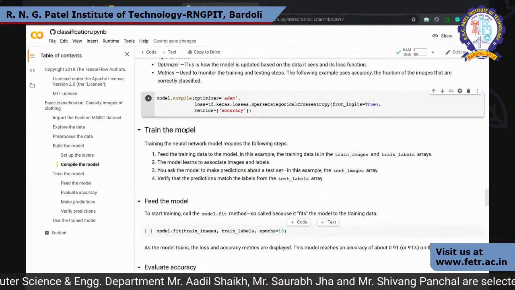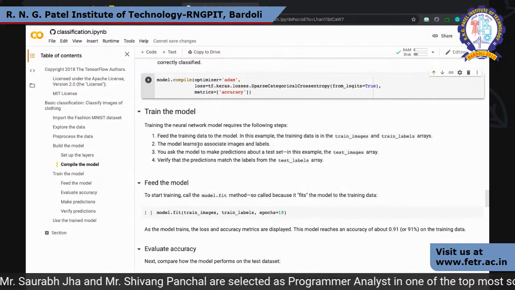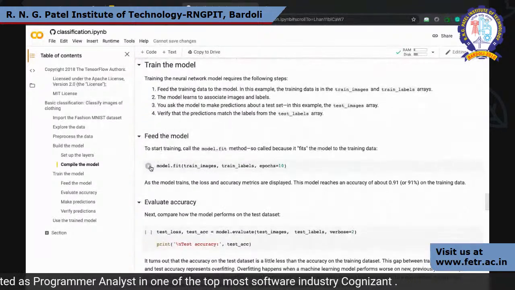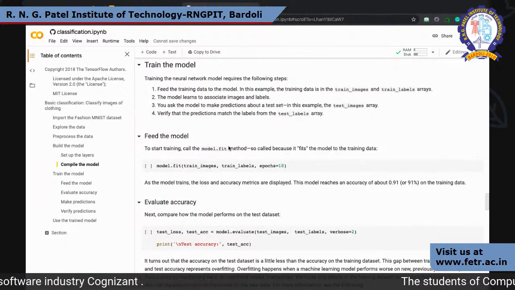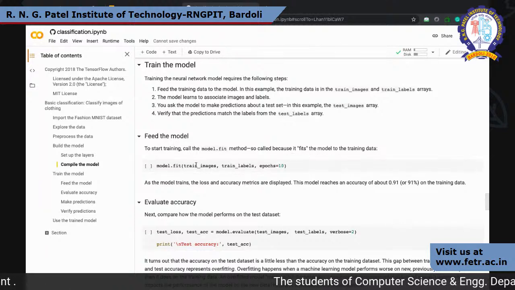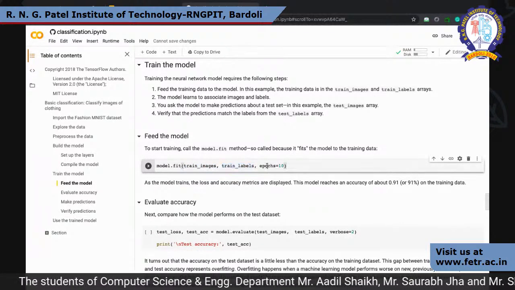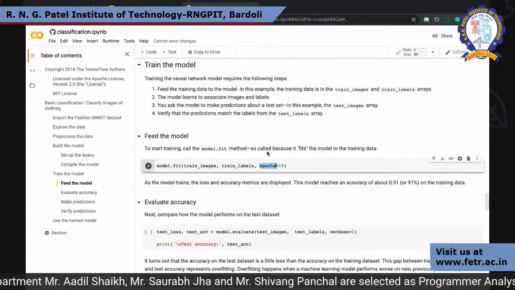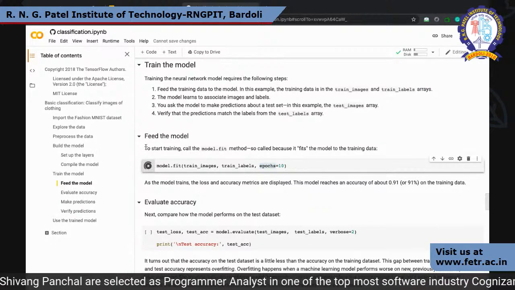Okay, now in the training part, first we'll fit the model, and then we'll evaluate the accuracy. So let's first train the model. Over here, model.fit means we are training the model using training images as the first argument, training labels as the second argument, and epochs as 10. Epochs means how many passes over the data you want to execute, right? So let's do it.